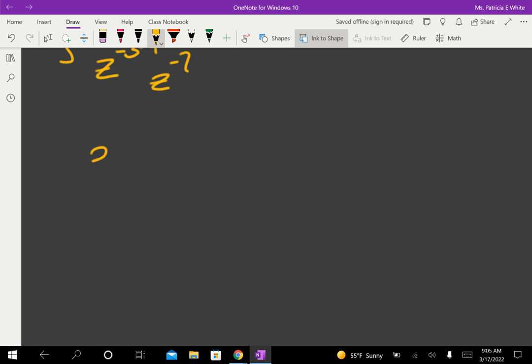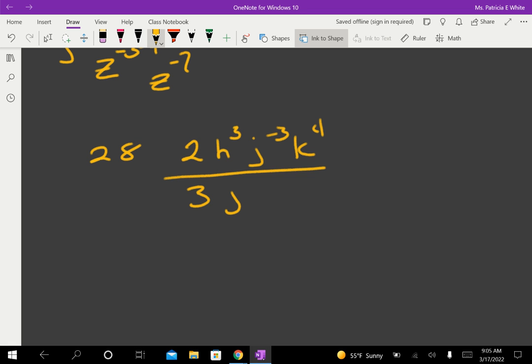All right, number 28. 2h to the third, j to the negative 3, k to the fourth, over 3, j to the fourth. All right, 2 over 3. Doesn't reduce, so I'm bringing it along.